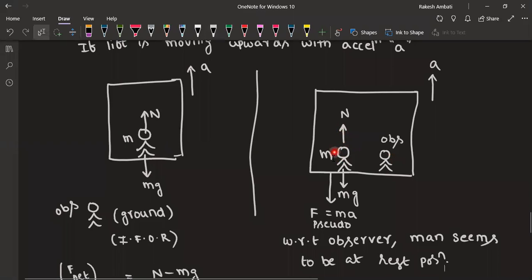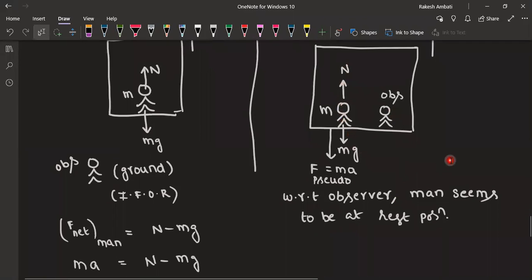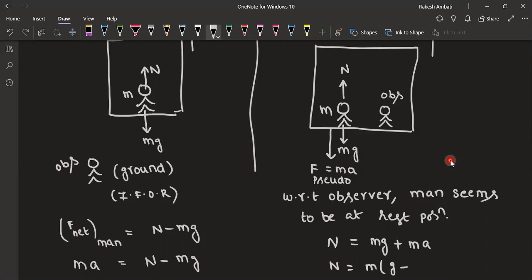Rest position means the forces on the man are balanced. So the upward force equals the downward force. In the upward direction, one force acts on the man, N. In the downward direction, ma and mg act. So N = mg + ma, therefore N = m(g + a).